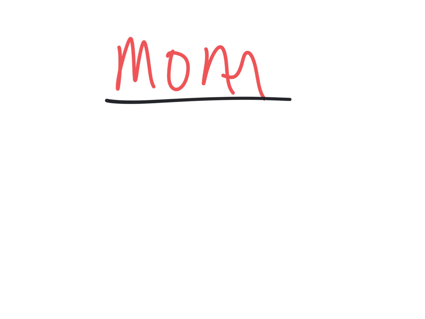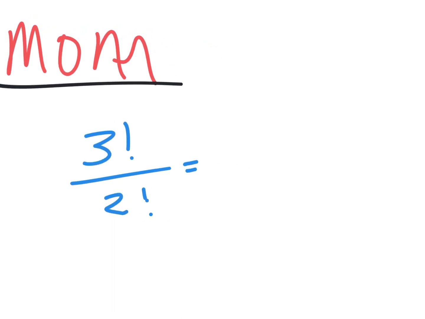All right, so anyway, so I got the word mom. Would you agree it's got 3 letters and therefore it's 3 factorial, but isn't there a repeat? And therefore, divide it by 2 factorial, because there was 2 m's. Can I do that in my head? Yeah.